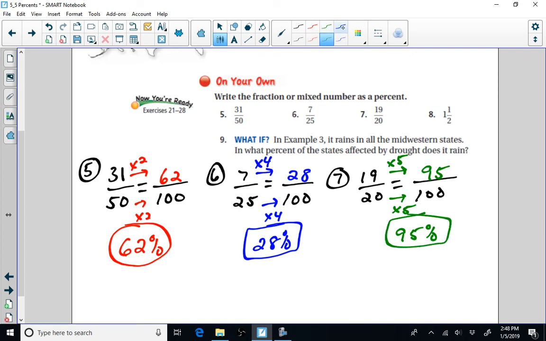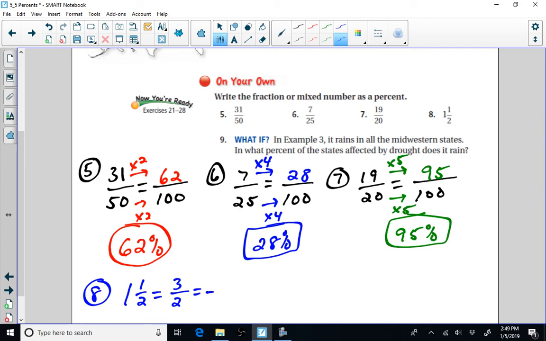All right, let's look at problem 8. Problem 8, we're given 1 and 1/2. My first step is to write the mixed number as an improper fraction. And we do that by taking the denominator, 2, multiplying it by the whole number part, and then adding the numerator. 2 times 1 is 2, plus 1 is 3, and the denominator stays the same.